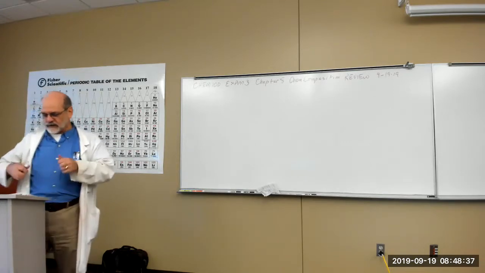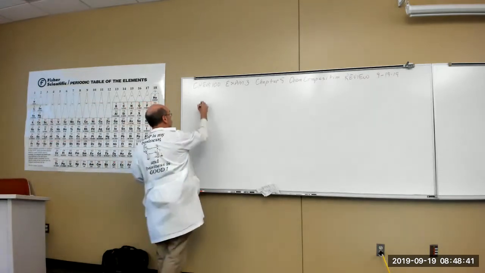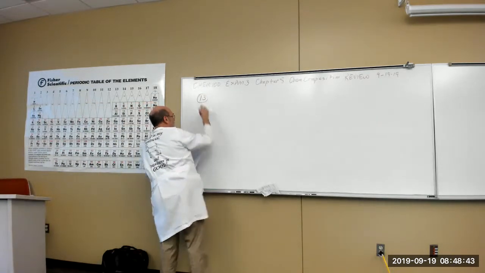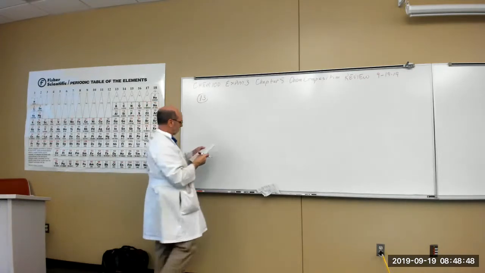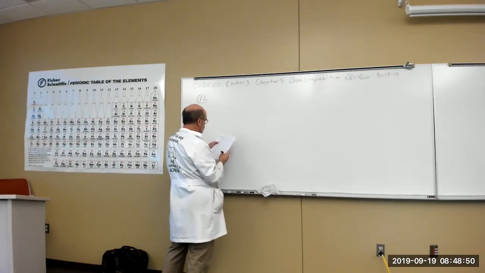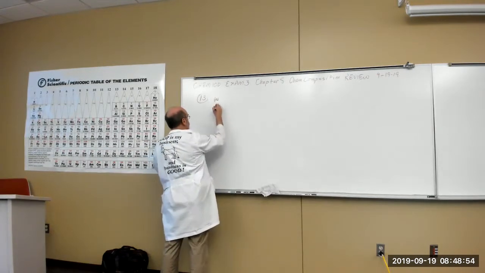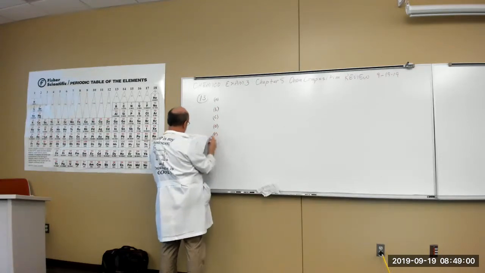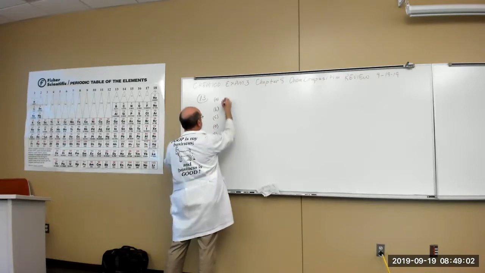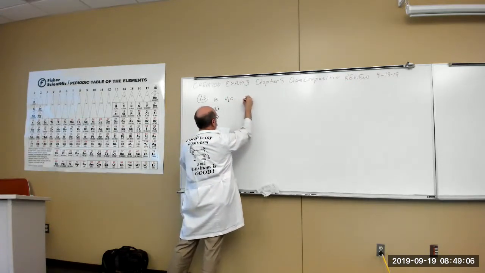Okay, number 13. Now we're into a different topic with number 13. And this is all coming from the review document, okay? Choose a pair of compounds with the same empirical formula. So we've got these different compounds that need to be compared. This one and this one.